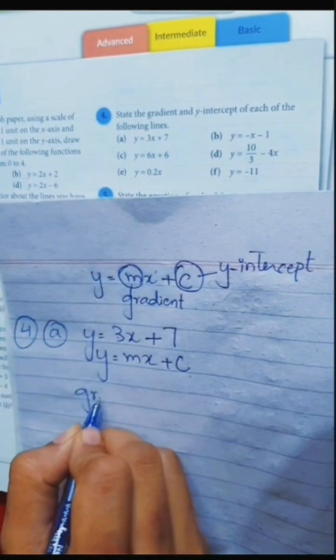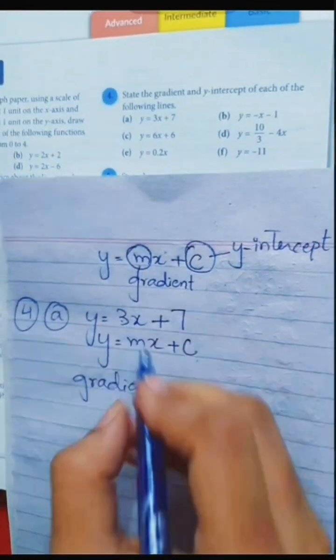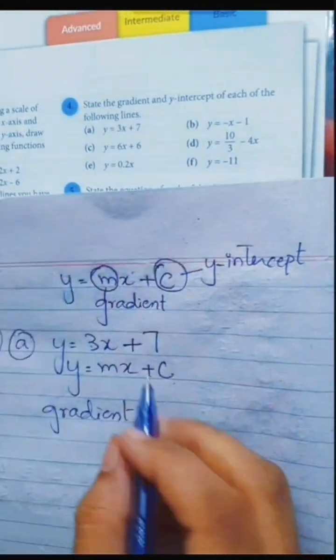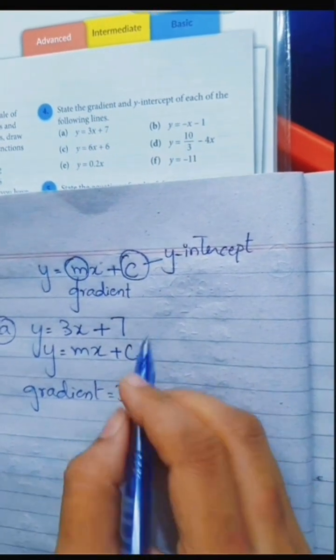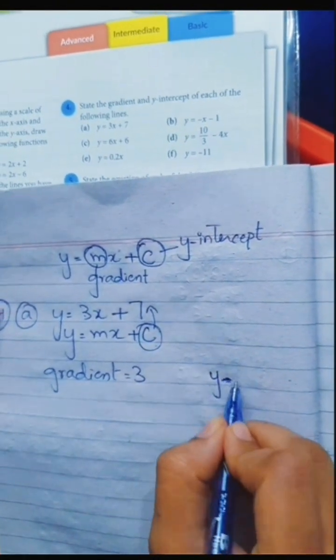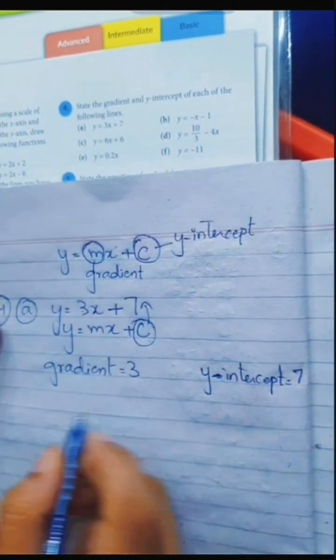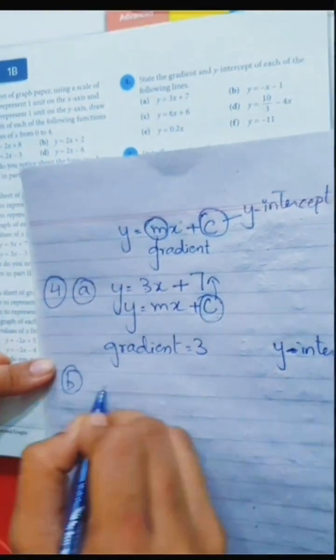So gradient, you just have to mention the gradient and y-intercept. The gradient is 3, we can see, and the y-intercept is 7. C is the y-intercept. So y-intercept is 7.